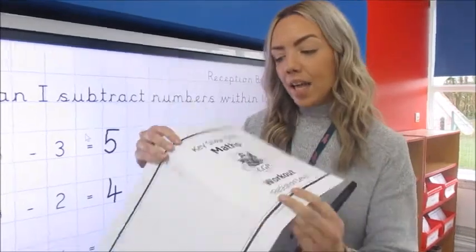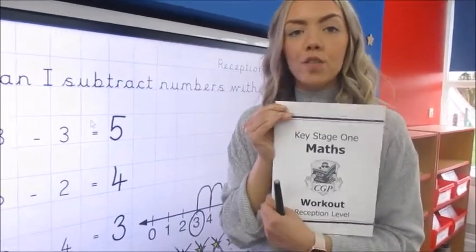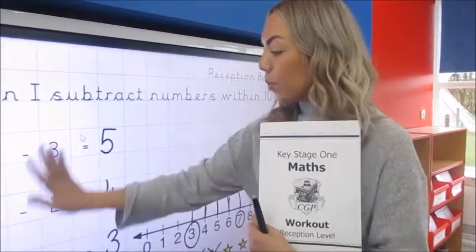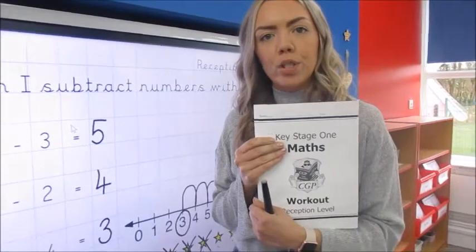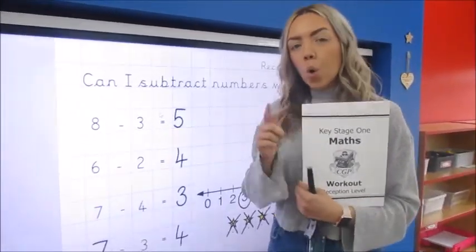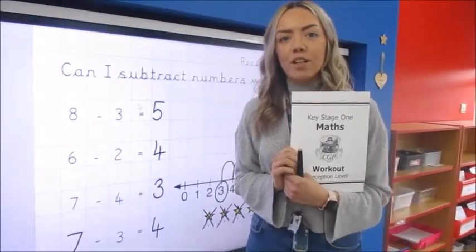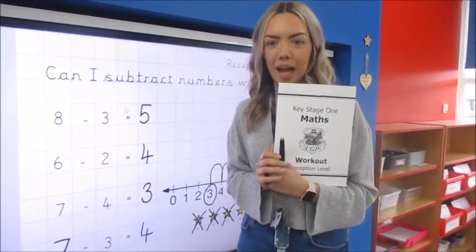Don't forget that your workbook is only the beginning, so once you've done that and you've had a go with me on the board, try some more for yourself on your whiteboard and tell your teachers what your favourite method is, or what your favourite object for helping you to solve your problems are at home, okay?